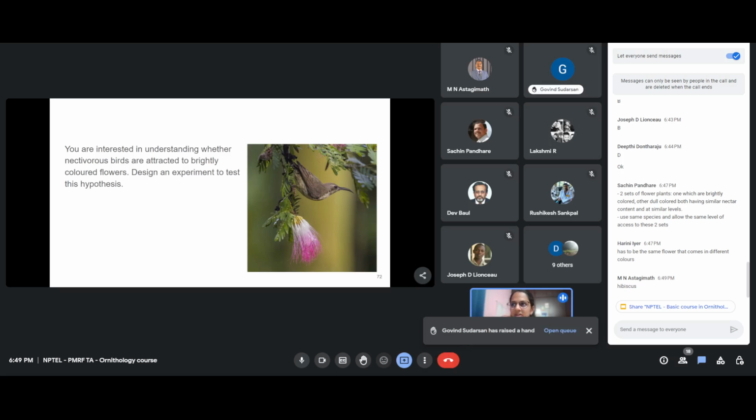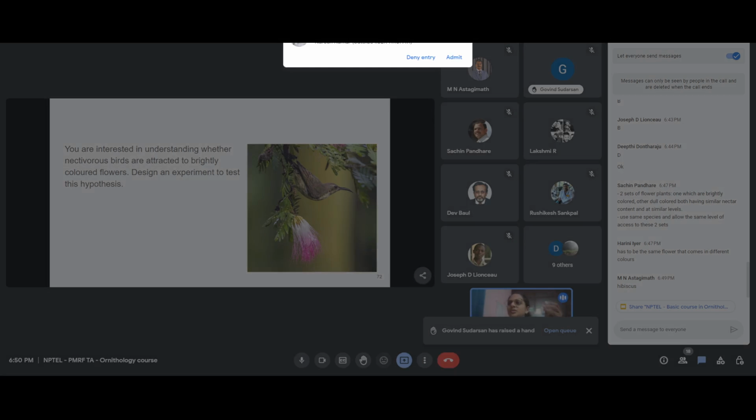So you can also design artificial flowers, like plastic flowers, a tubular flower which is probably easy for the bird to use, and you have a range of colors put in your study site.